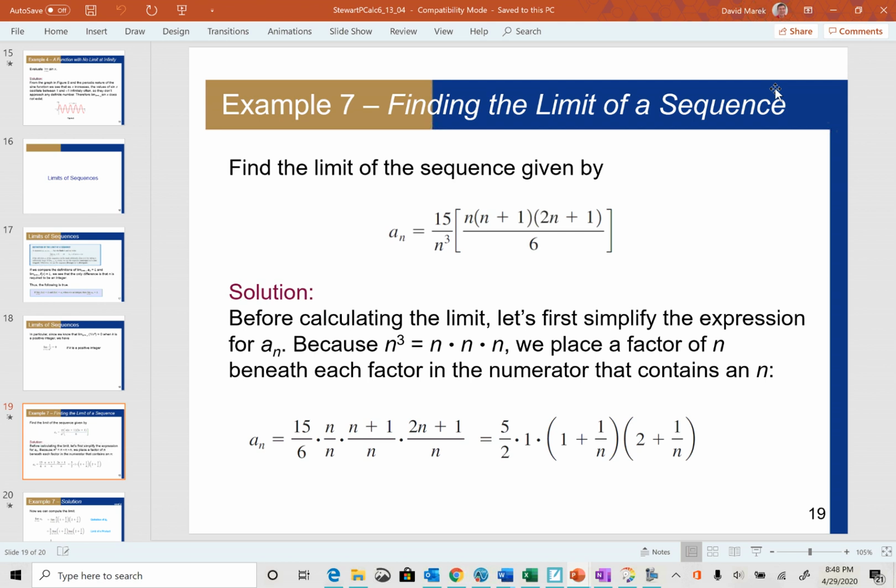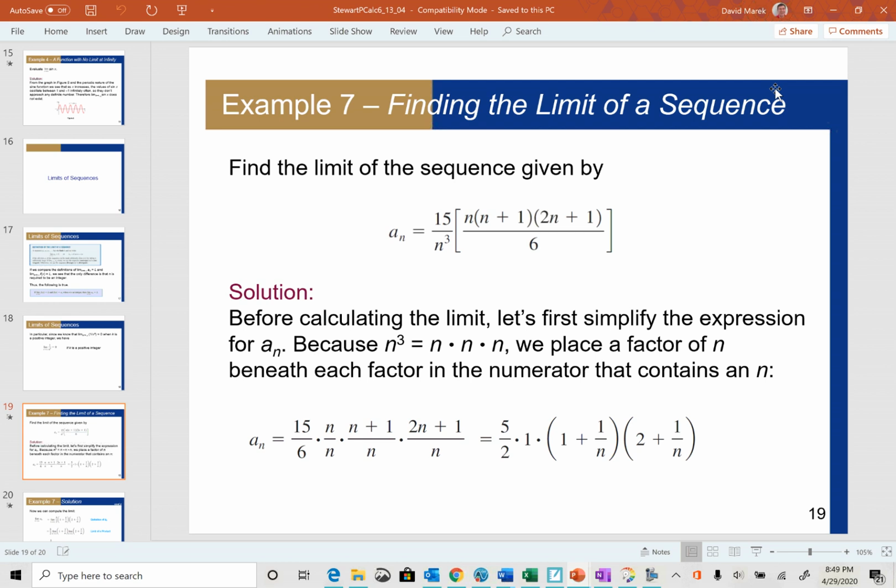We're using the commutative property of multiplication. We're just rearranging, and then we can take that n inside the brackets in the numerator and pair that with one of the n's from n cubed. Take that first set of parentheses and put it over another n, and take that last set of parentheses and put that over the last n.